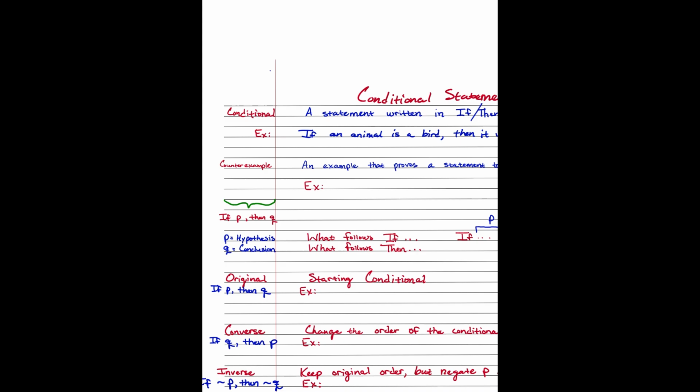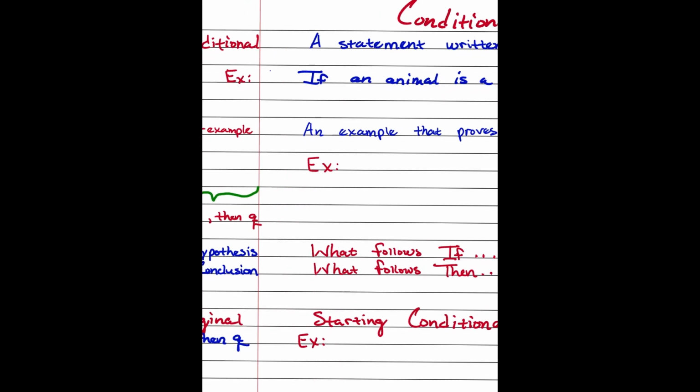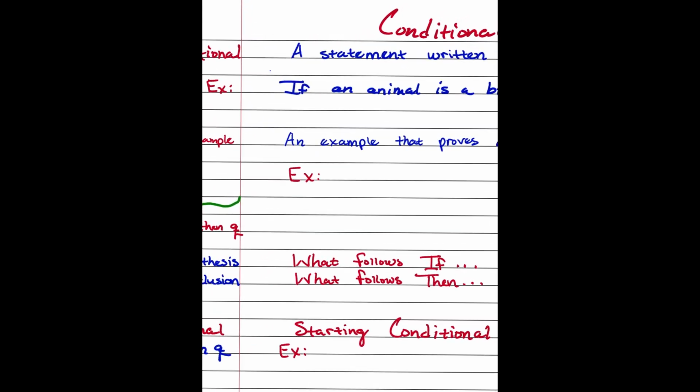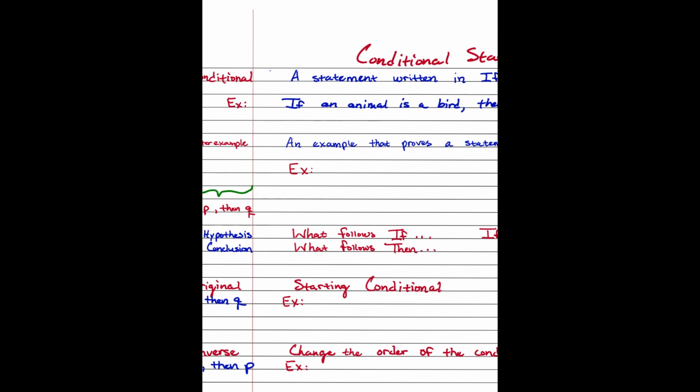Now let's talk about a counterexample. We talked about it in the last video, but now let's talk a little bit more. It's an example that proves a statement to be false. So an example here would be one that shows that an animal that is a bird can fly is false, or cannot fly, excuse me. An example here would be a penguin or an ostrich.